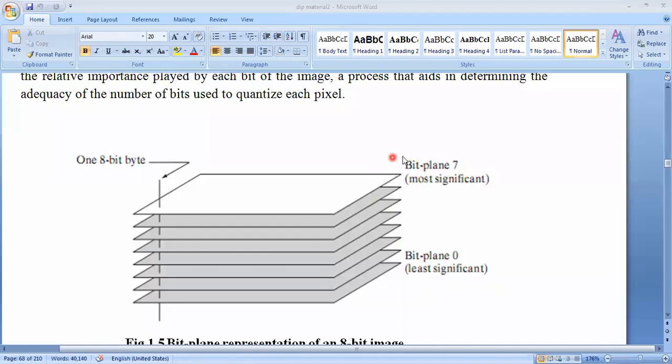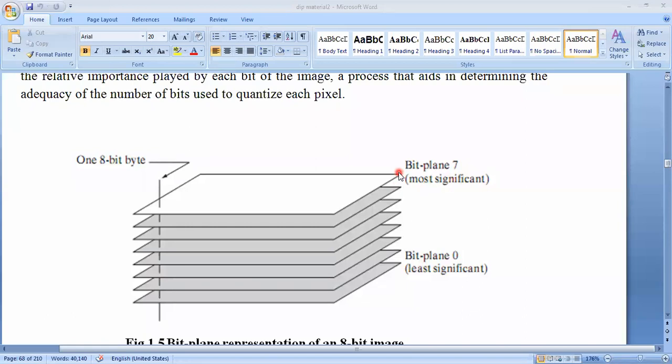Now again, I am repeating the word. If we split this byte of information into two nibbles, one is a higher nibble, another one is a lower nibble. The lower nibble is B0, B1, B2, B3. The higher nibble is B4, B5, B6, B7.